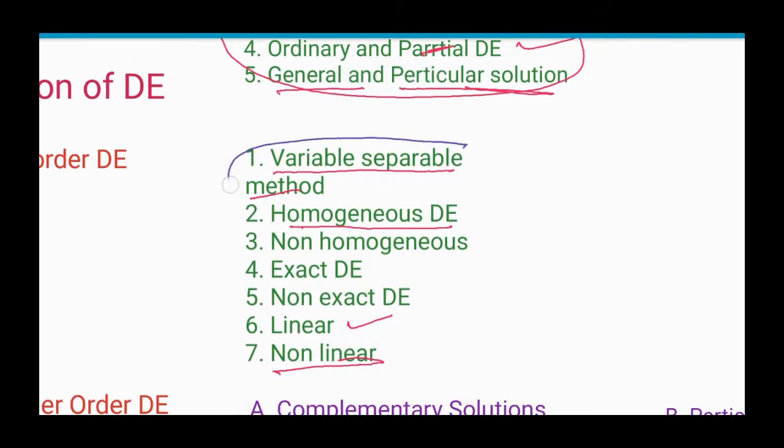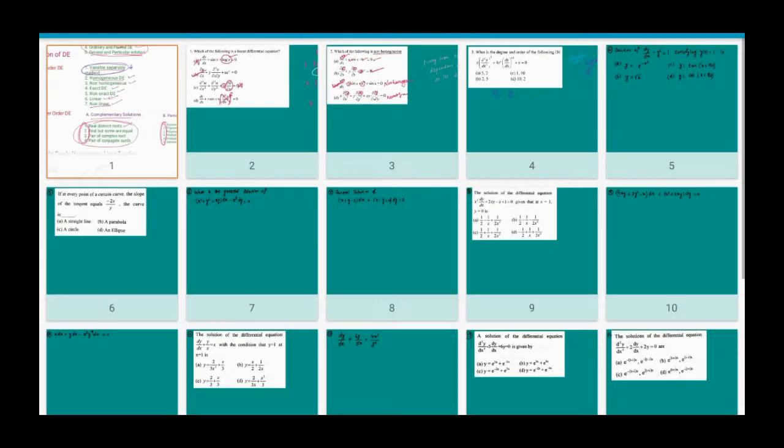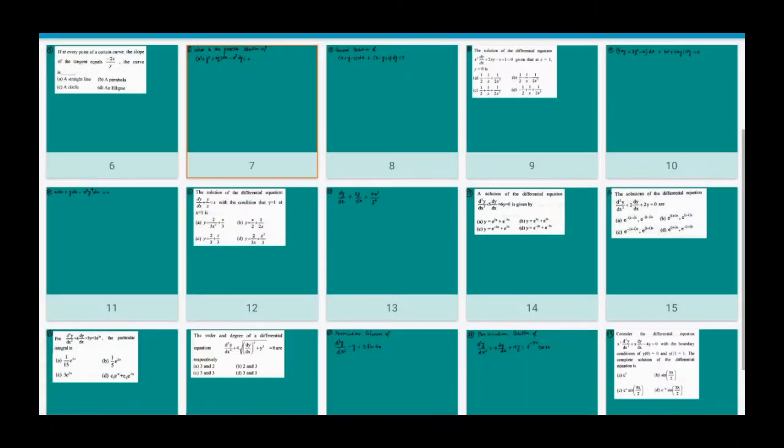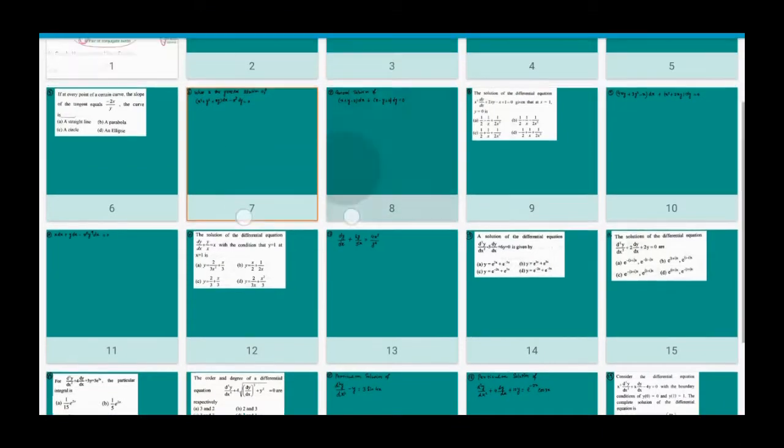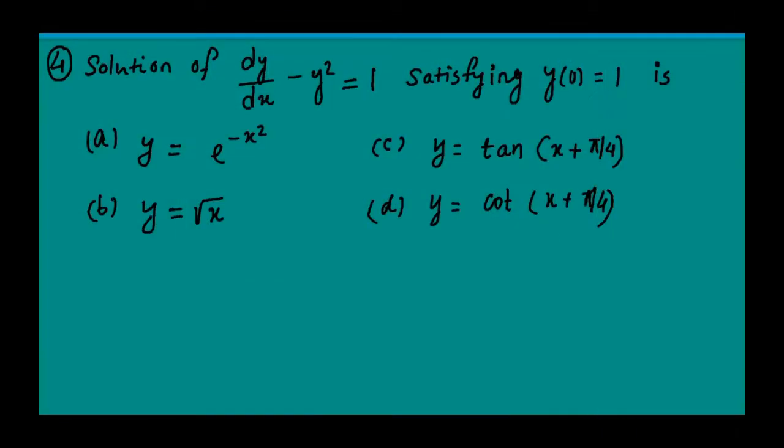This first problem is from the variable separable method, this question number 4. And like this I will solve one problem from each method. So this is the problem: solution of dy by dx minus y square is equal to 1 satisfying y of 0 is equal to 1.